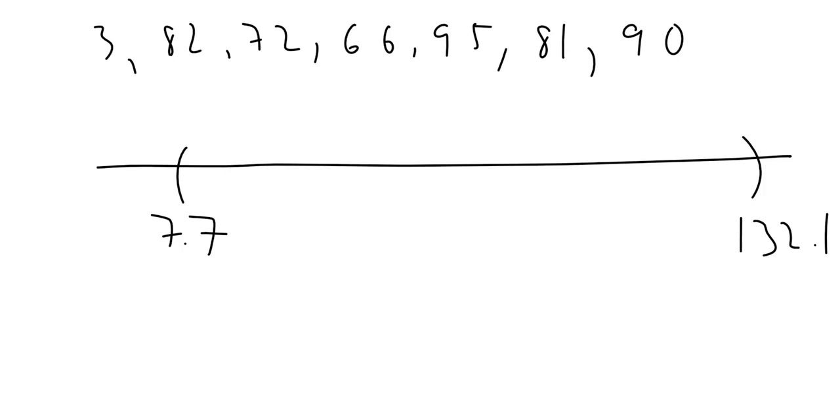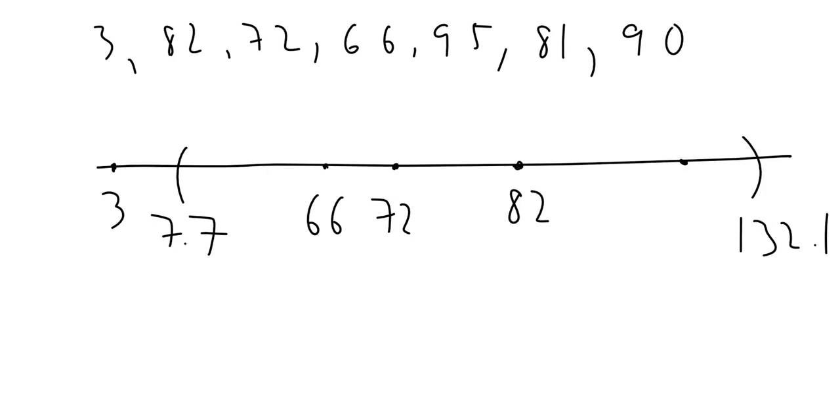So 3 is less than 7.7. I'm going to put 3 about there. 82 is somewhere in the middle. I'm kind of guesstimating here. I'm going to put 82 over here. 72 is less than 82, but it's not less than 7.7. 66 is less than 72. 95 is bigger than 82, but it's not bigger than 132.1.